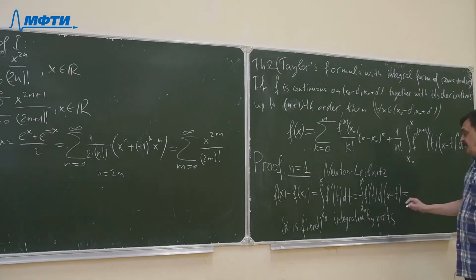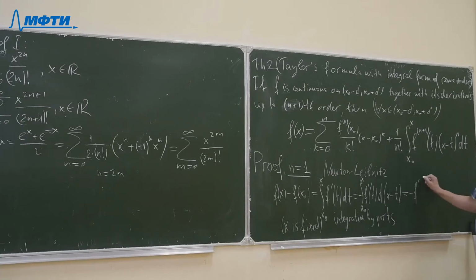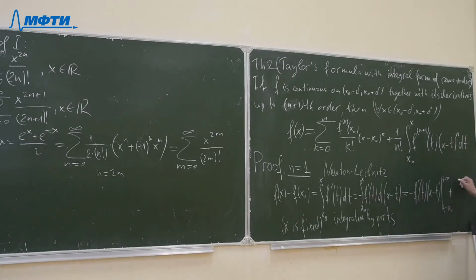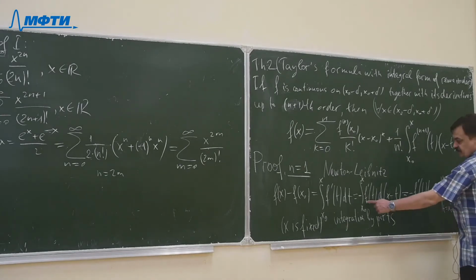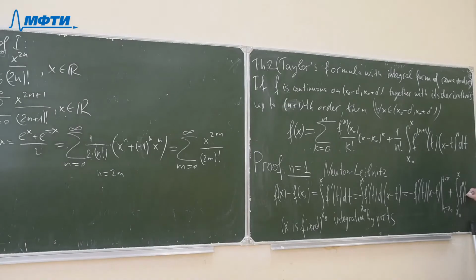Then applying integration by parts, I write f prime of t times x minus t, then substitute t equals x naught, t equals to x, and then minus, and we have another minus here, so plus integral from x naught to x. Now we differentiate f prime, and we obtain f double prime of t, x minus t dt.